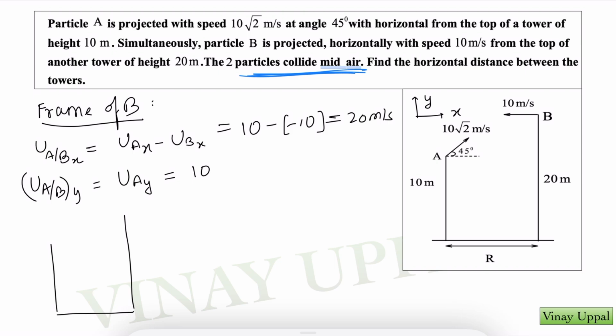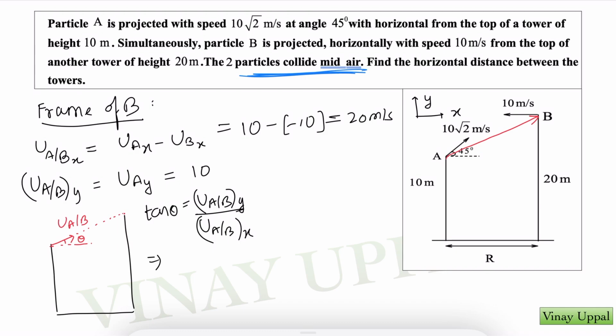We saw all that analysis on the previous page. So in the frame of B, if A has to collide with B, the path of A in the frame of B has to be straight towards B. And therefore, I can say that the velocity of A with respect to B, let's say its angle is theta with the horizontal. So can I say tan theta is the y component divided by the x component?